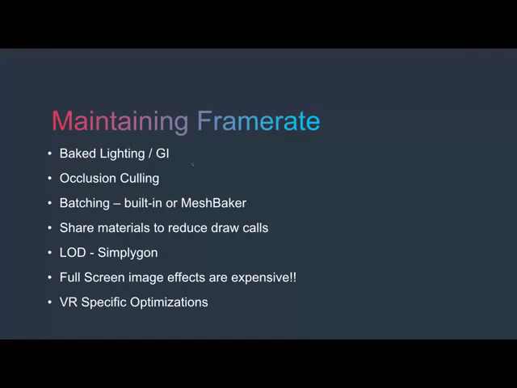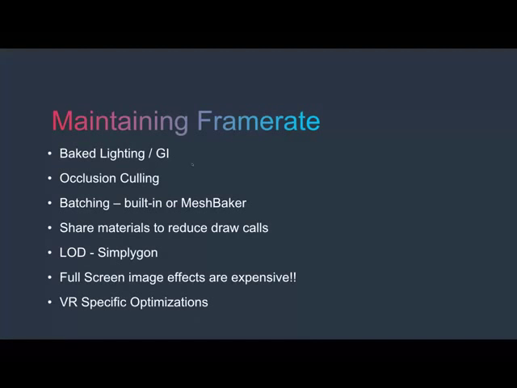Well, anyone who's been developing for mobile will recognize a lot of these things that you need to do, because we've been doing it for mobile for some time. So, that's baked lighting and global illumination. Well, GI, if you were going to use any of that, you would bake it or use light probes.